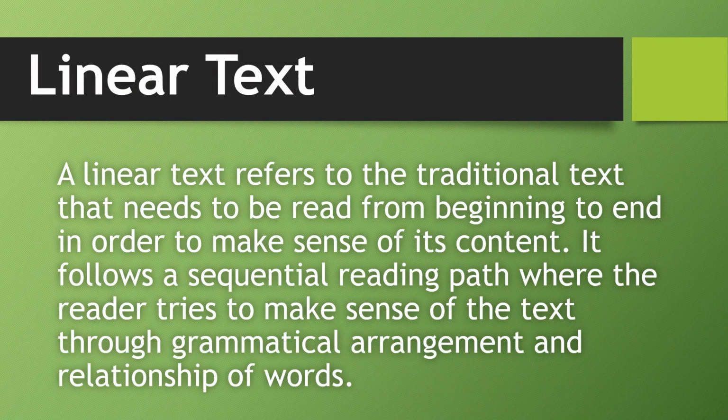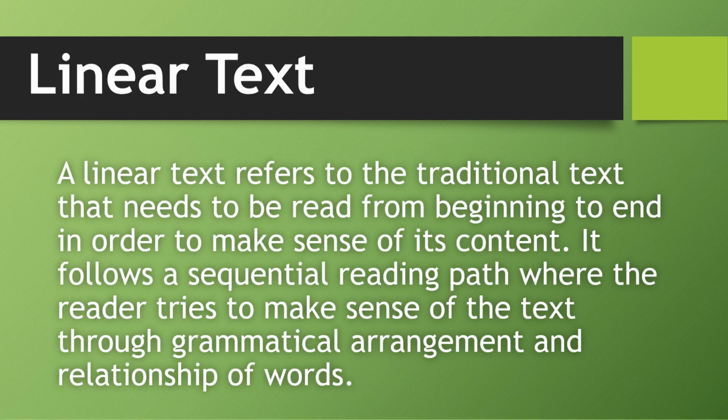What is a linear text? A linear text refers to the traditional text that needs to be read from beginning to end in order to make sense of its content. It follows a sequential reading path where the reader tries to make sense of the text through grammatical arrangement and relationship of words.